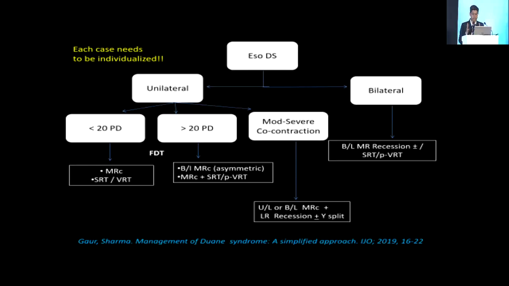If the angle is more, you may have to do both: asymmetric bimedial recessions, or a small medial rectus recession with a vertical rectus transposition. Co-contractions will require that you tackle the lateral rectus also, because that is the source of the co-contractions or abnormal firing of the lateral rectus. And of course, in bilateral cases, you manage each eye individually.